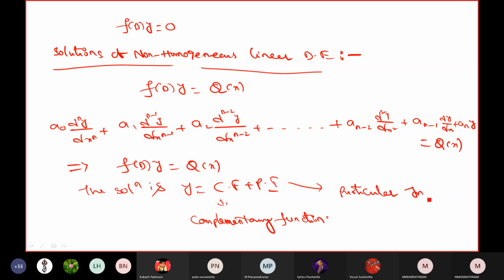The solution of f(D) y = Q(x) is the complementary function plus the particular integral.